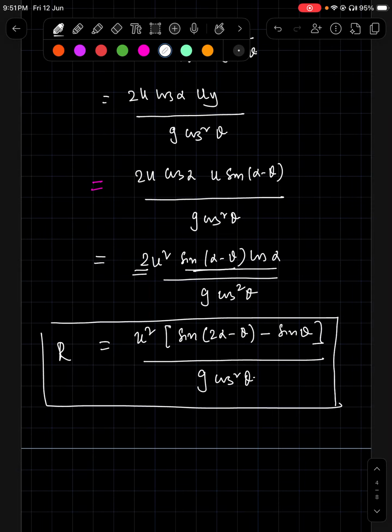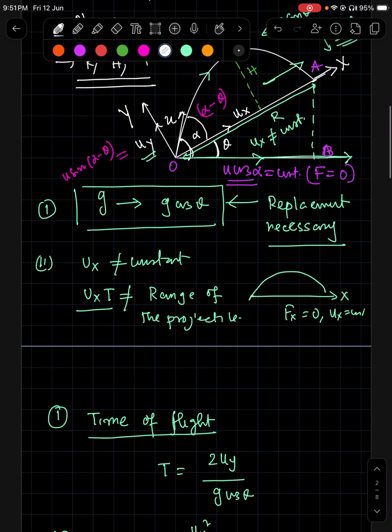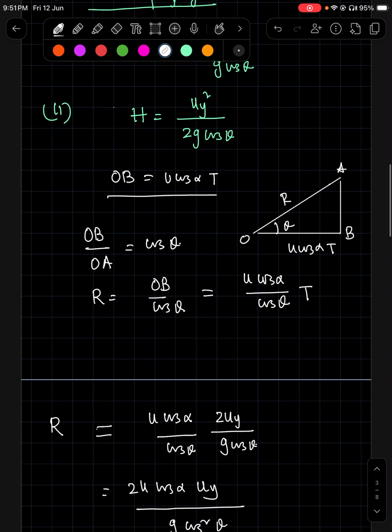So this is the range we have found for the projectile motion when it is thrown from the bottom of an inclined plane making an angle theta. The angle of inclination is theta, and the projectile is thrown with an angle alpha, which is actually made with the horizontal line. So we have found all the things.